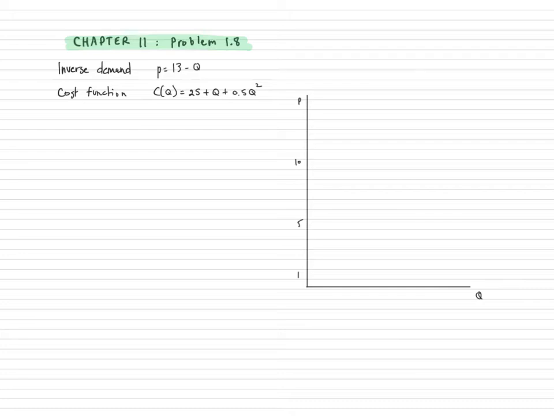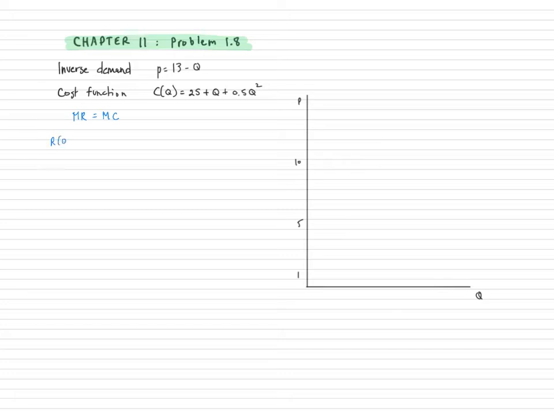All right, so I'm just going to go ahead and solve that. The first step we need to do is, of course, find the marginal revenue and the marginal cost curves, because we know that the profit maximizing quantity will come from setting marginal revenue equal to marginal cost.